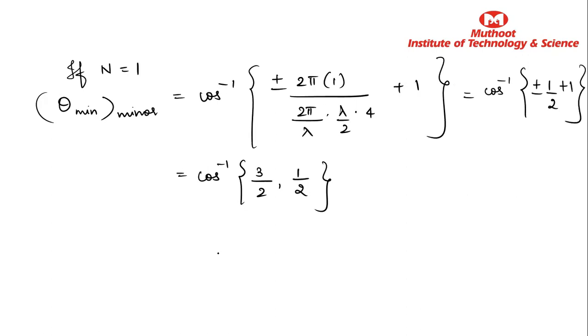Please check the calculation. And again, 3 by 2 is not possible, so we will take cos inverse of half. That means the direction of the minimum of the minor lobe is at plus or minus 60 degrees. Similarly, we can take n equal to 2. If I take n equal to 2, for theta minimum, again, you can try the calculation. It is a very simple calculation.